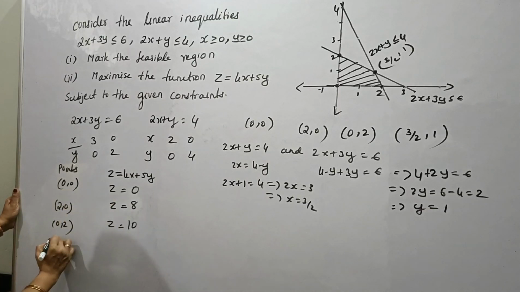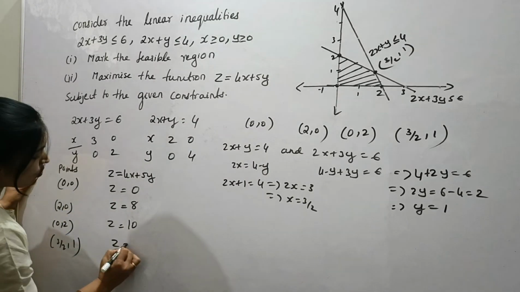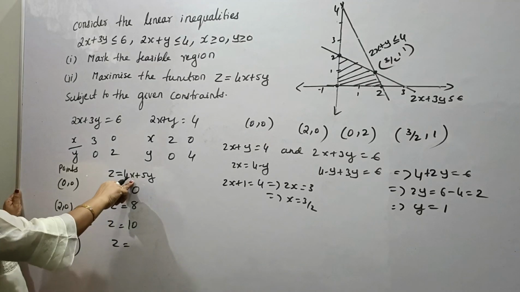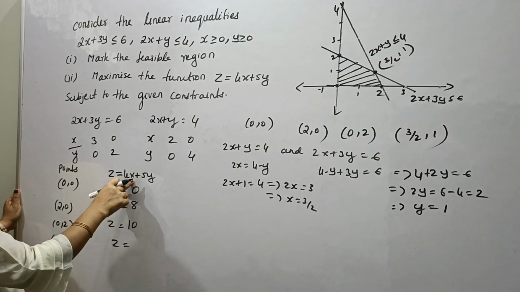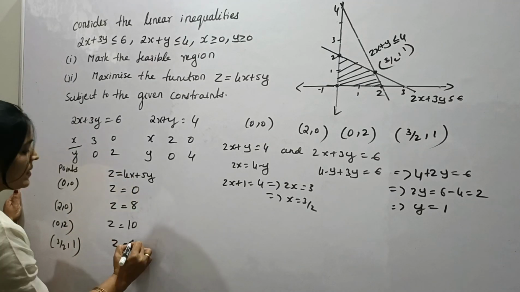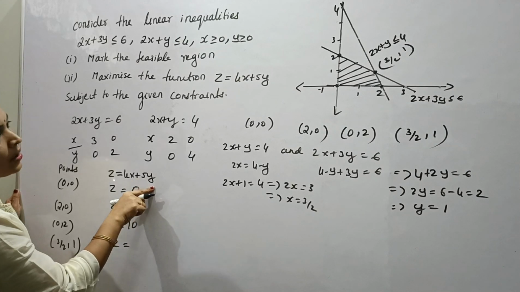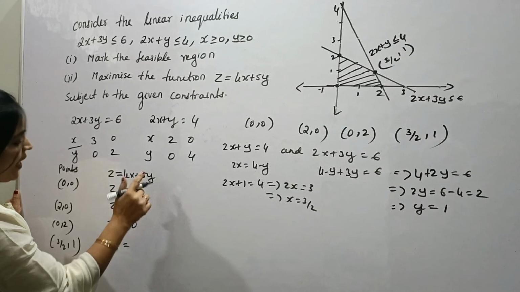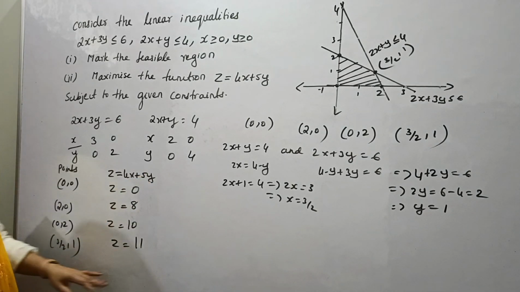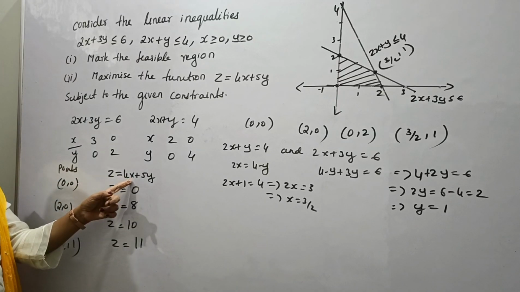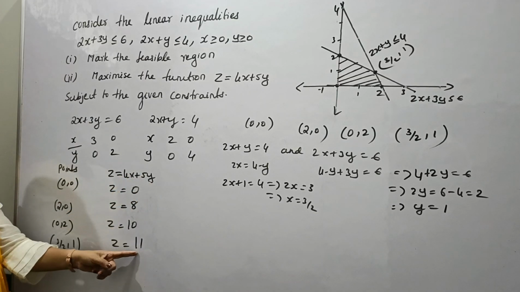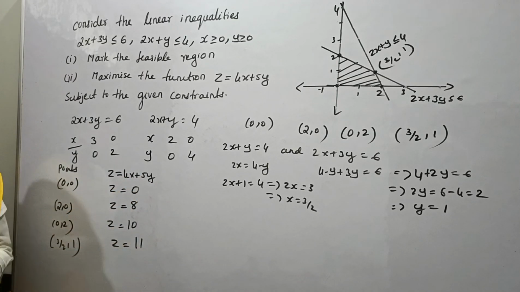Next point is 3 by 2, 1. So z is equal to, put x is equal to 3 by 2, so 6 plus 5, that is 11. Put x is equal to 3 by 2, y is equal to 1. So here we will get z is equal to 11.